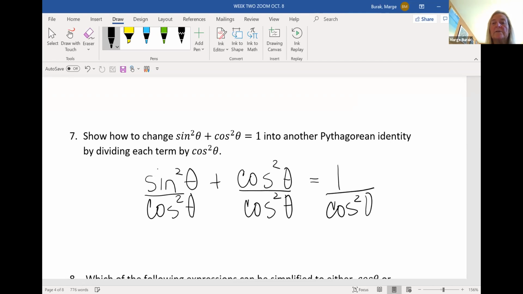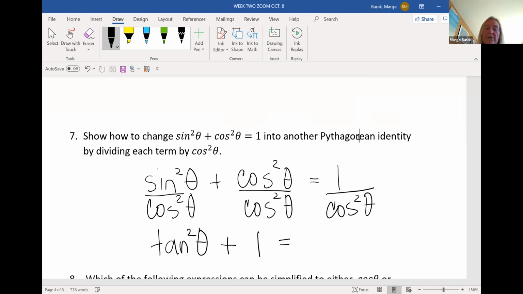And by the way, as long as the cosine is not 0, I can do this because you can't divide by 0. So what is sine over cosine? That's tangent. So sine squared over cosine squared is tangent squared. And cosine squared divided by cosine squared is 1.